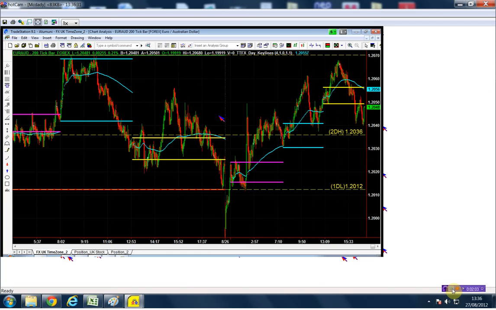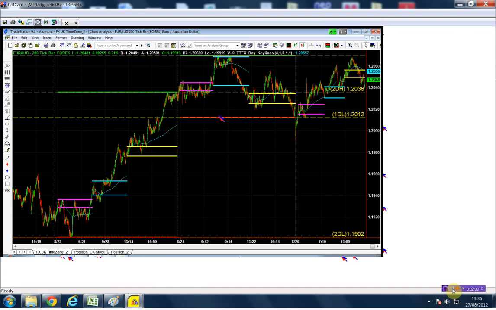So looking at this chart here, there is no reason for us to even look at shorting the euro unless it trades below this low. This is our selling point. That's why I'm going to make the color red.